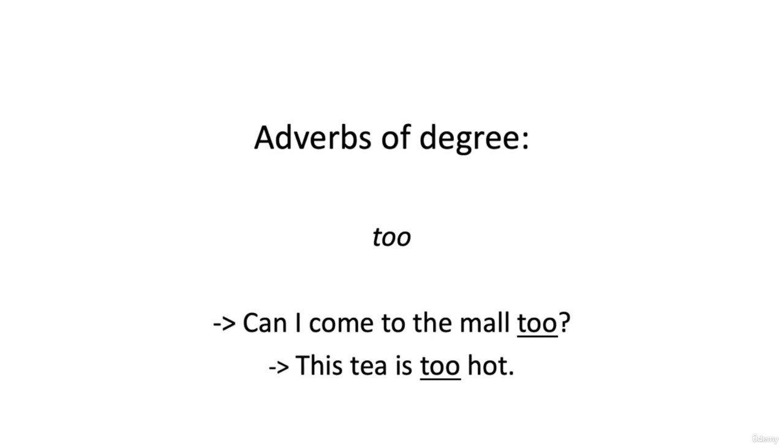Too can also mean excessively when used before an adjective or another adverb. This tea is too hot. This means that the tea is not comfortable to drink. The heat is excessive.